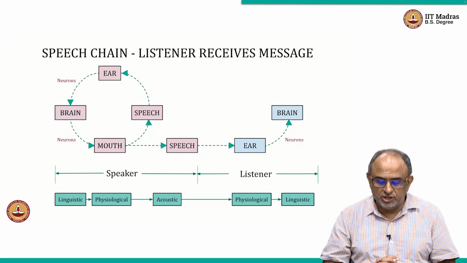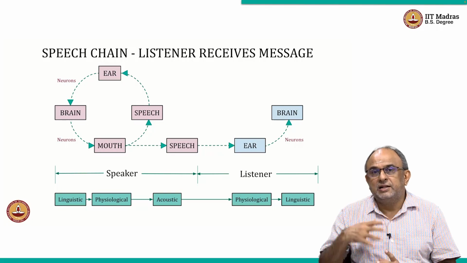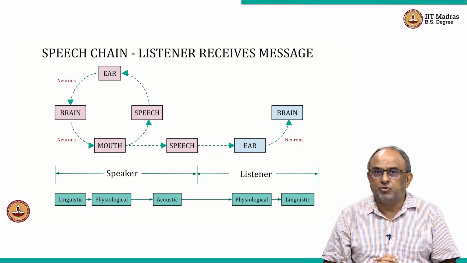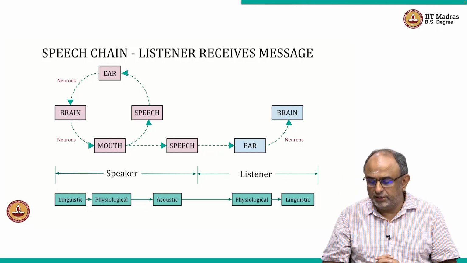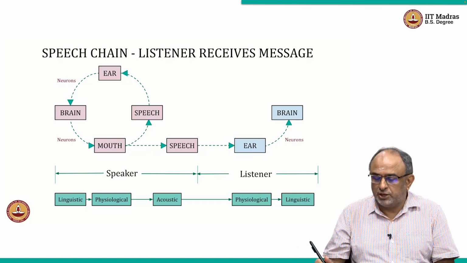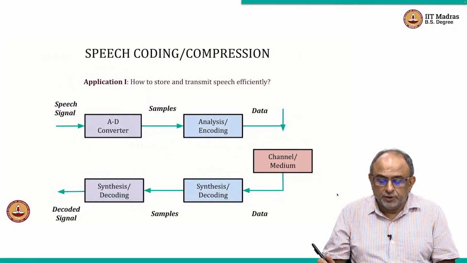So there is a physiology aspect that is involved. Then the air picks up these vibrations, right? So that is the acoustic aspect. Again, it hits the eardrum, so there is a physiological aspect to it, and then finally the brain interprets, which is the linguistic aspect. Okay, so these are terms that we may use, and you should know what they mean, right?